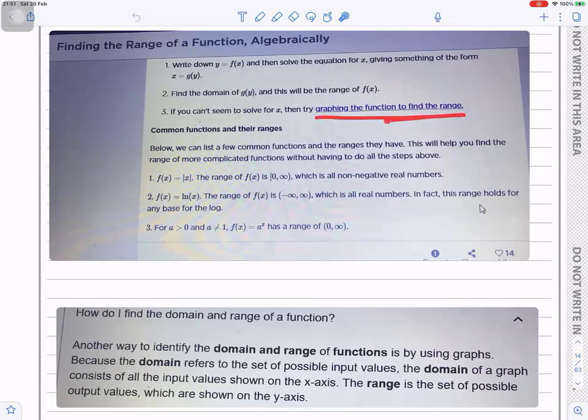And that's what we've been using, the graph, to find the range and how to find the domain and range of a function. Another way to identify a function is by using graphs, because domain refers to the input values, and the input values are the ones on the x-axis, and then the range is a set of possible output values which are shown on the y-axis. So read those, and that will help you to do future questions.